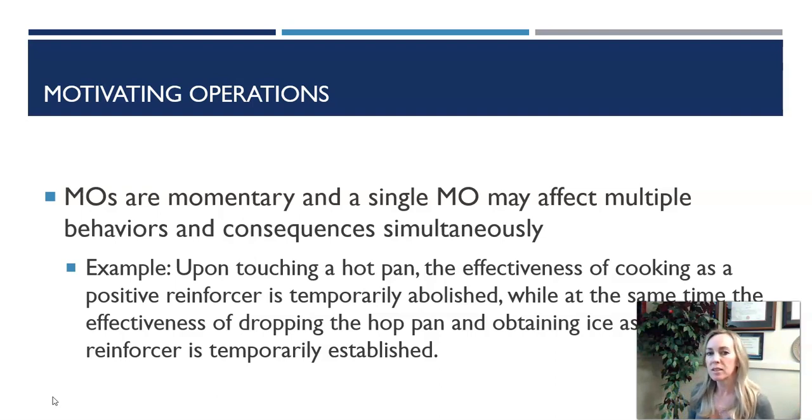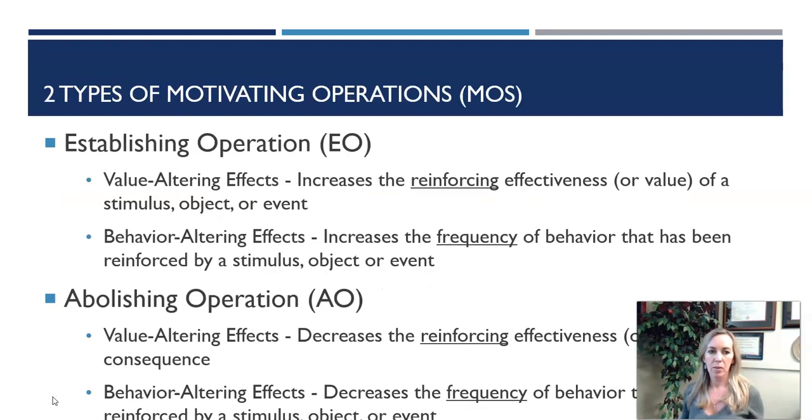The reason I mention this is because it's something you have to really be constantly thinking about with your student. You can't just rely on one reinforcer. Student may not always be motivated. The value of that reinforcer may not always be there. Now, motivating operations have two purposes, or there are two types of them. One, it establishes the value of our reinforcer.